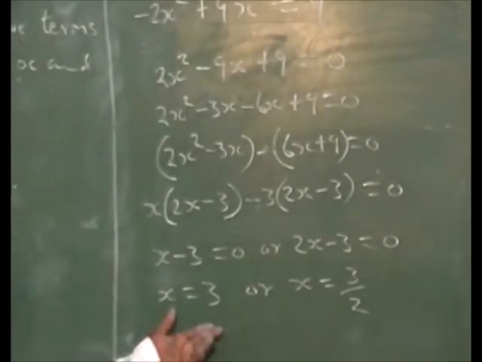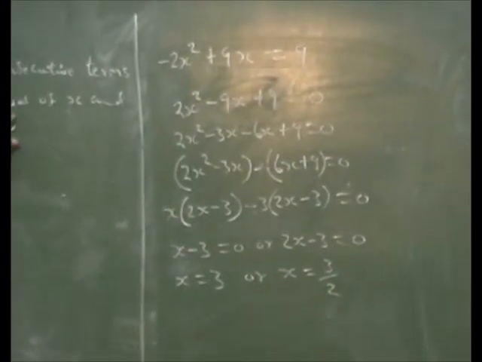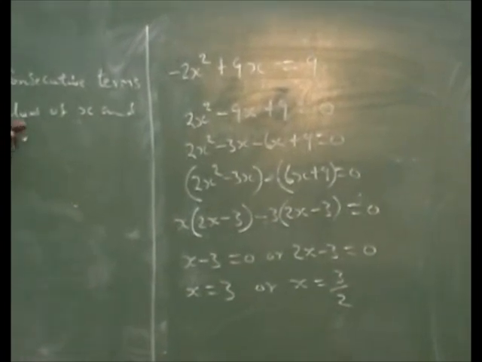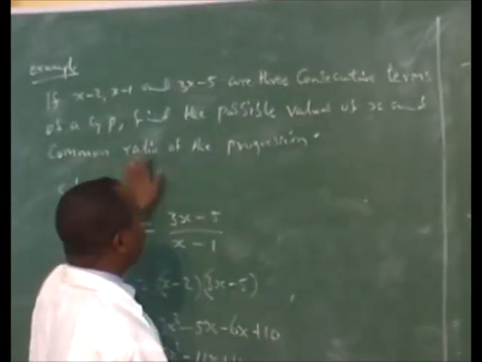Now, that is the values of x. That answers question number 1, one part of the question. And the common ratio.